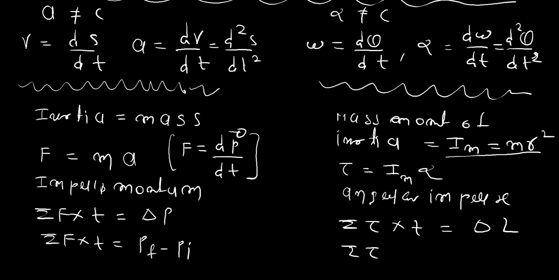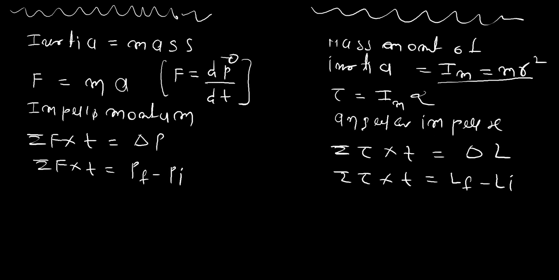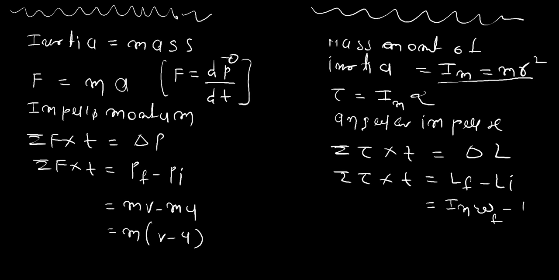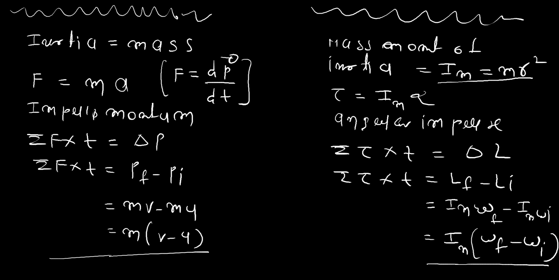So that gives summation of tau into t is equal to I omega final minus I omega initial. Again we can modify this. This becomes mv minus mu, or taking m common, m into v minus u. Same process here: I omega final minus I omega initial, or we can take I, the mass moment, common: I into omega final minus omega initial. See, this is one of the kinetics.